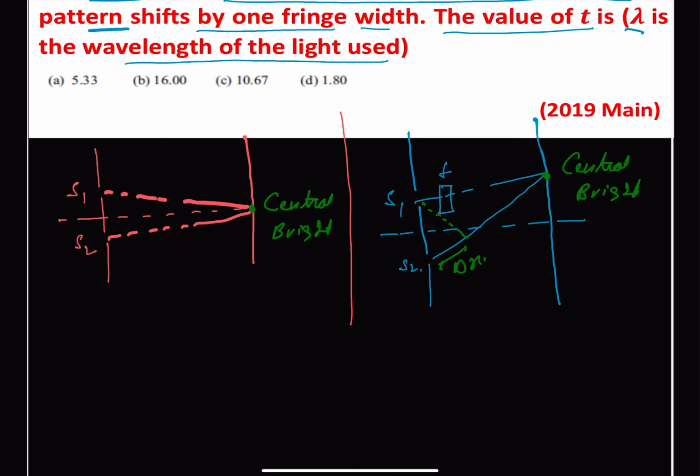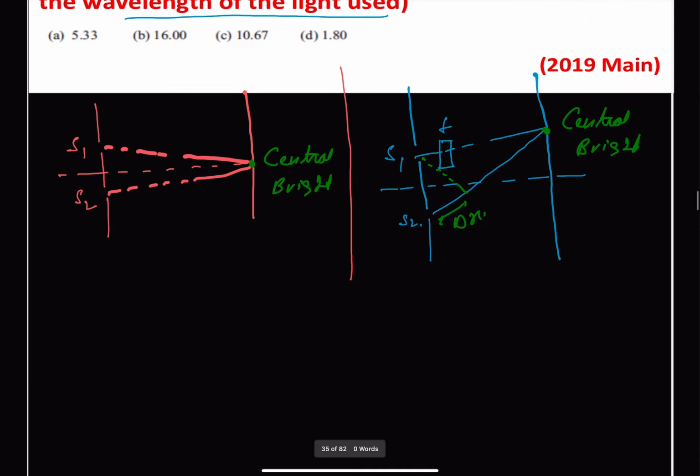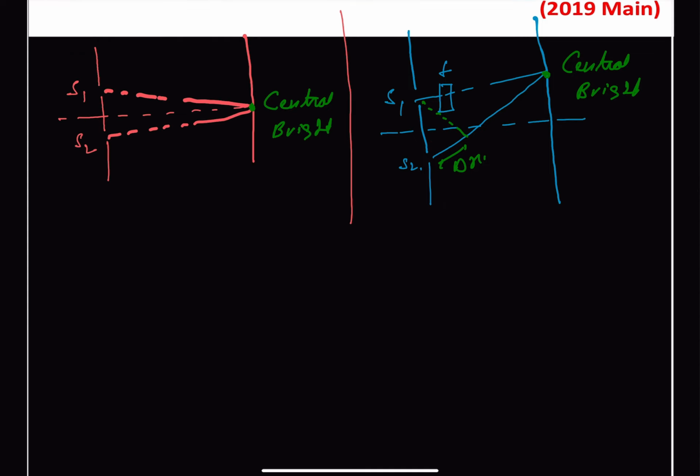Let us call this first position of the central bright as point P. So we can say that our S2P minus S1P should be equal to 0, and that is our delta x should be equal to 0, because this is the representation of delta x only.